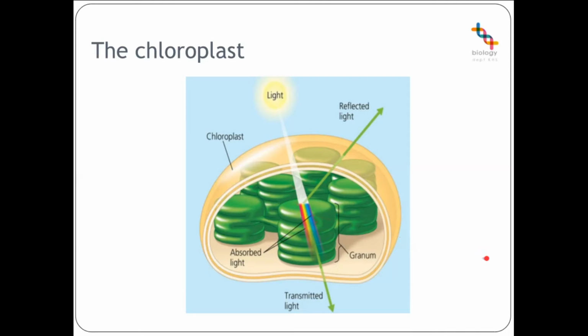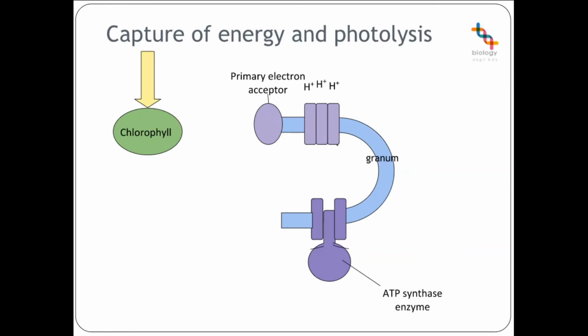So in our first stage, what's actually happening? Well, if we consider this to be our membrane of the grana of the chloroplast, so this is outside the grana and this is inside, and we have our chlorophyll pigment. So our light energy is being absorbed by that chlorophyll pigment.